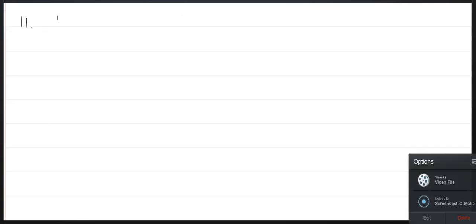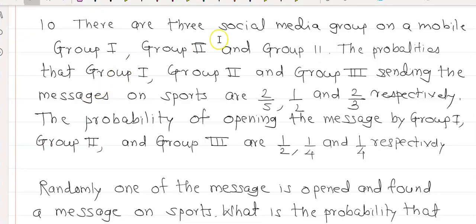Now see this again. There are 3 social media groups on a mobile, group 1, group 2, group 3. The probabilities that group 1, group 2 and group 3 send messages on sports are 2 by 5, 1 upon 2, 2 by 3 respectively.